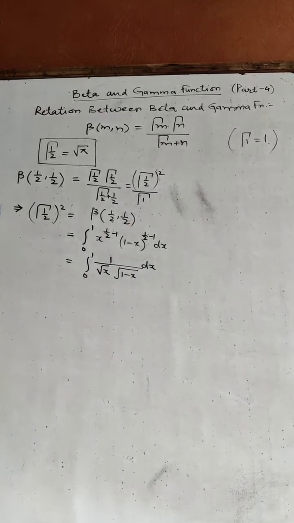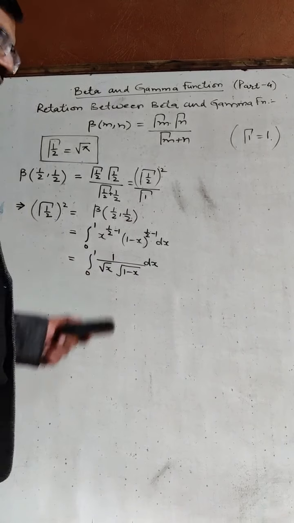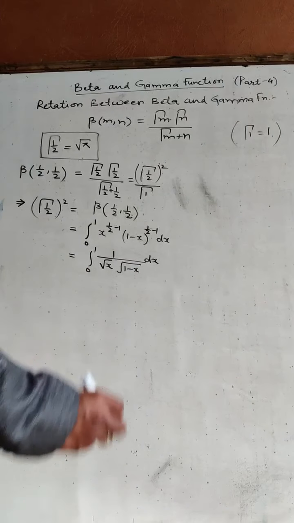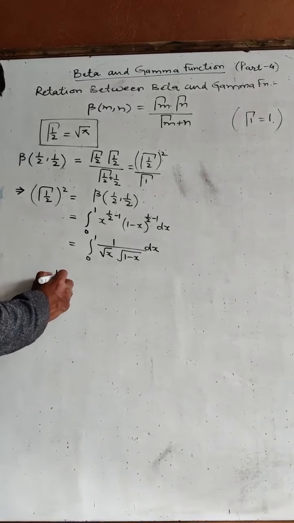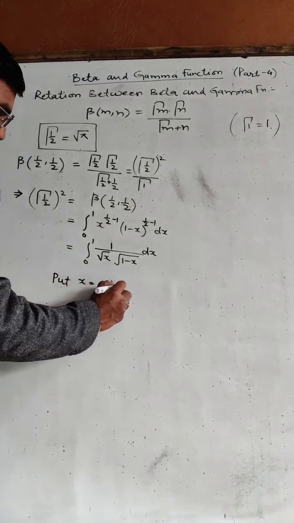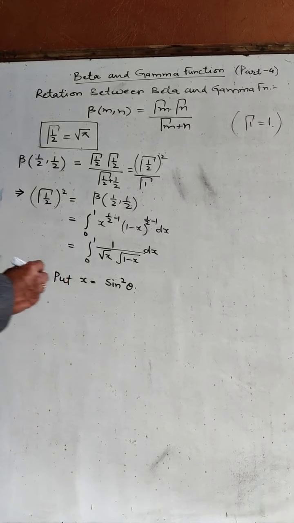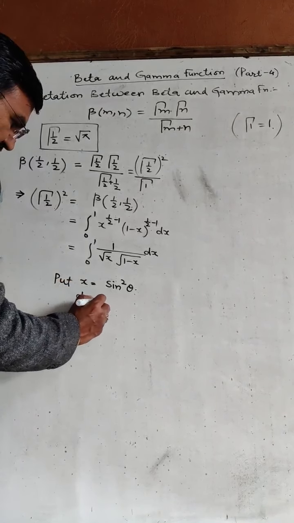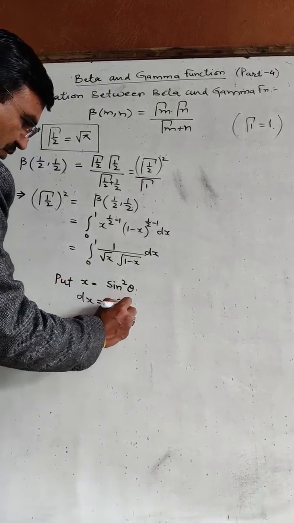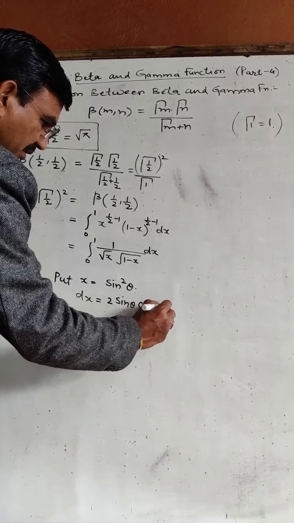Now we have to solve this integration. For that we will use the substitution x is equal to sine square theta. Then dx would be 2 sine theta cos theta d theta.